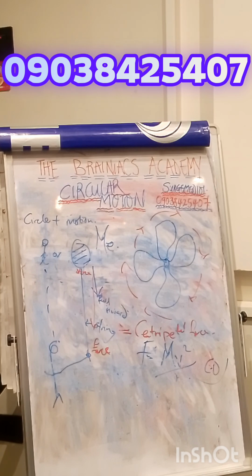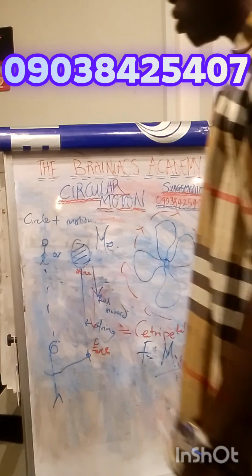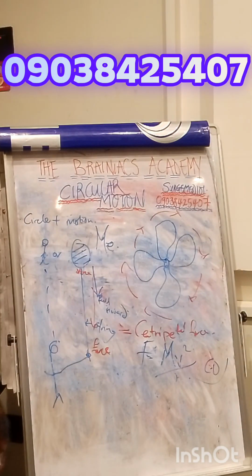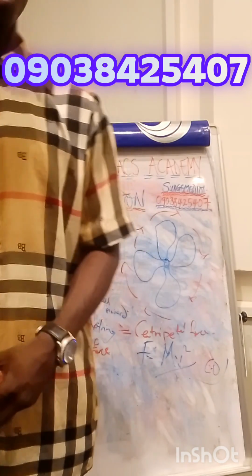Okay. There are some formulas you have to master. There are formulas you have to know, like your formula for angular velocity, formula for angular speed. Yes, your centripetal acceleration.